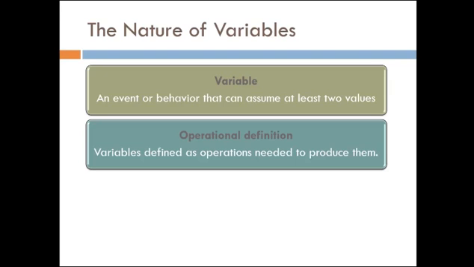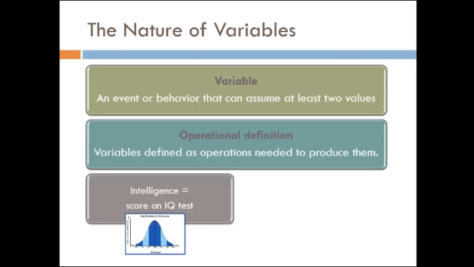And so, for example, I might operationally define self-esteem as your score on a self-esteem scale, on the Rosenberg self-esteem scale, or something like that. What's intelligence? Maybe I want to measure intelligence. What is it? It's a concept. So I'm going to have to operationally define what I mean by that concept. So I might say that it's your score on an IQ test.